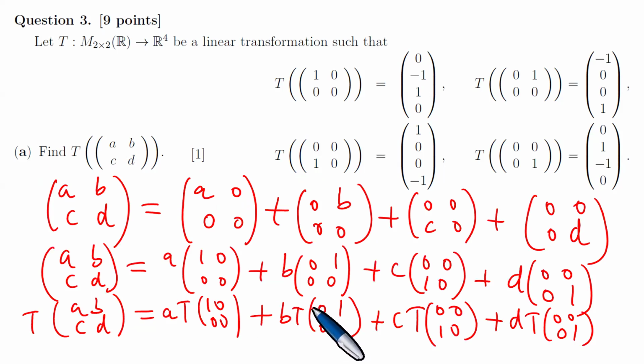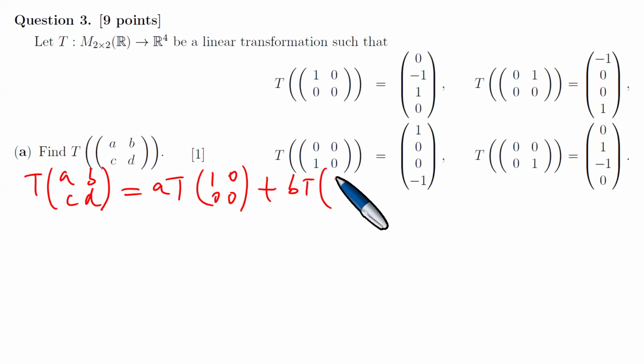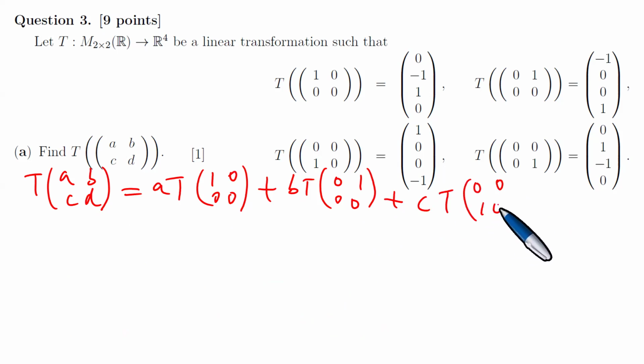B is the 0, 1, 0, 0. Good. We have next C, which is 0, 0, 1, 0. We can see the 1 is in the place of the C here. And at last, we have D, where the 1 is going to be in the position of the D, which is 0, 0, 0, 1, like so. Now this is awesome news.